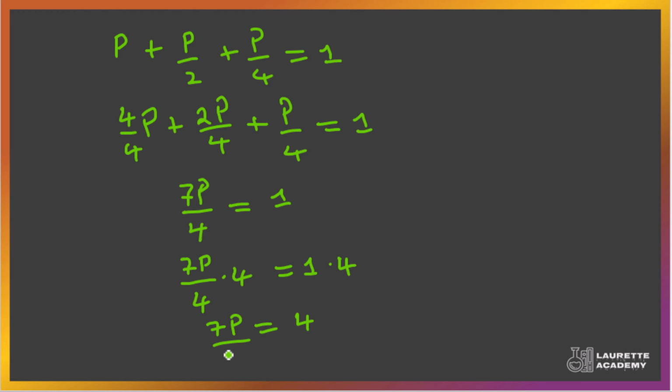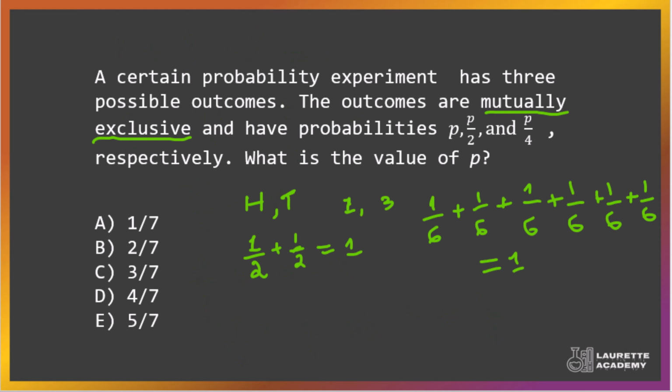When we divide both sides by 7, the 7 will cancel 7 here, and we are left with, so this will imply that p will be equal to 4 over 7. And so the correct answer is D.